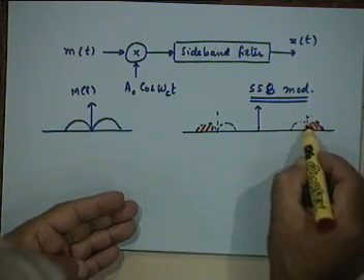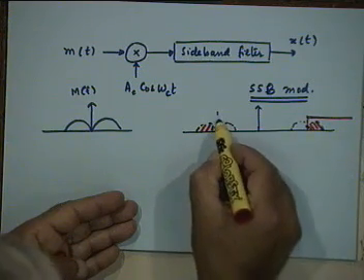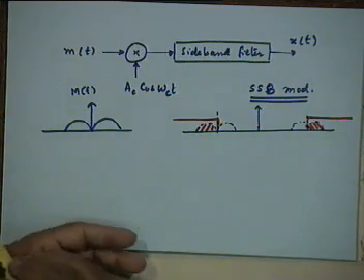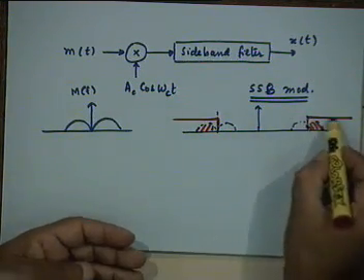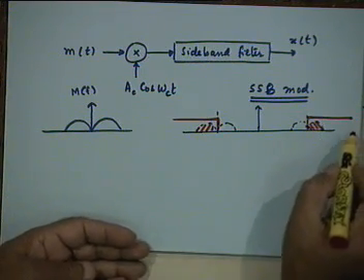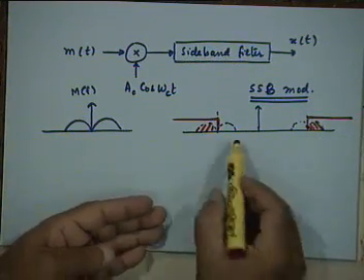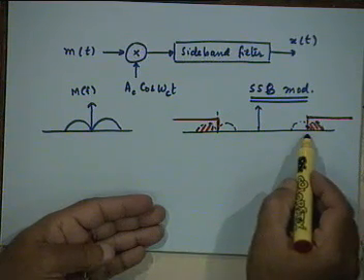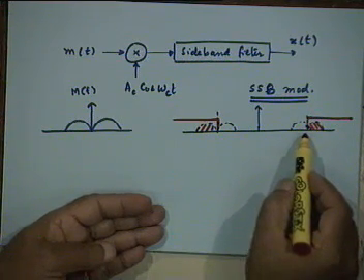So you require a filter with this kind of characteristic, right? Whose transfer function is 1 for |f| greater than fc and is 0 between minus fc to plus fc. Is it clear?